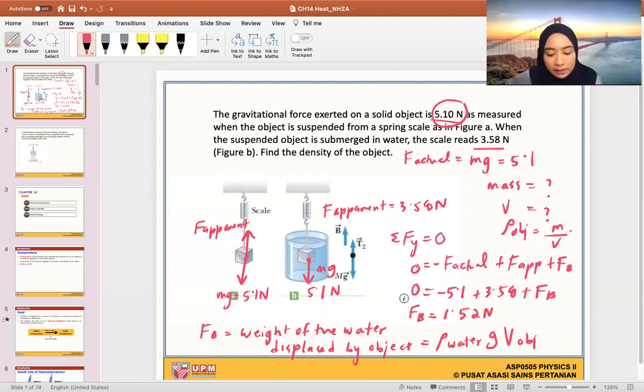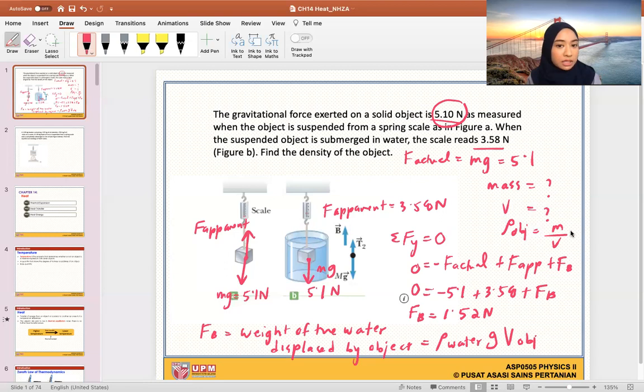Okay, the thing here that I think is confusing for students is the concept of F apparent. Whenever you have a scale, the scale is always measuring your F apparent. Remember when we learned last semester when you were in a lift and you were either going up or going down, the scale detected different weights.